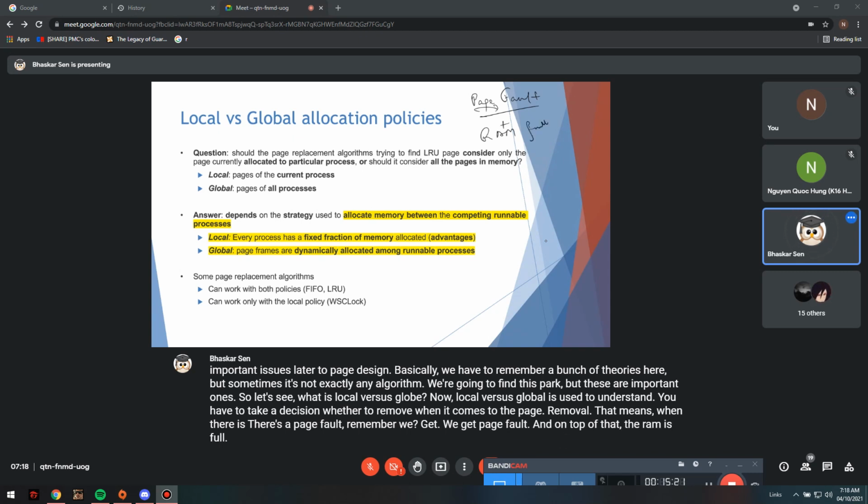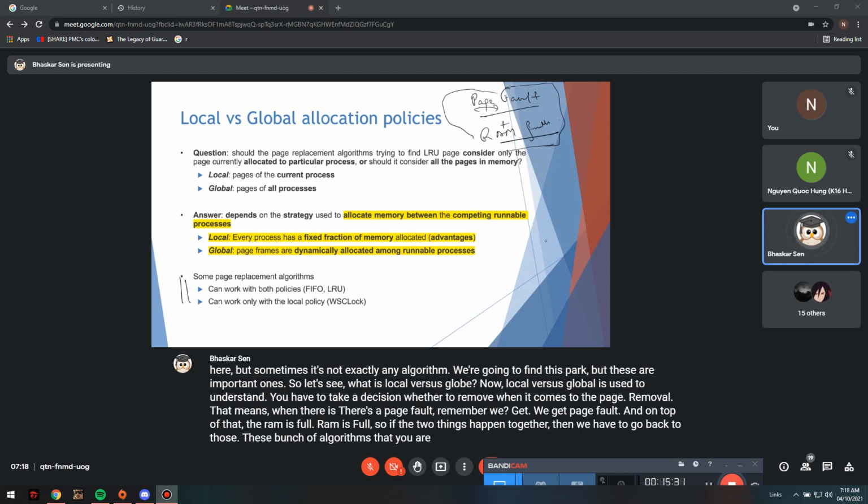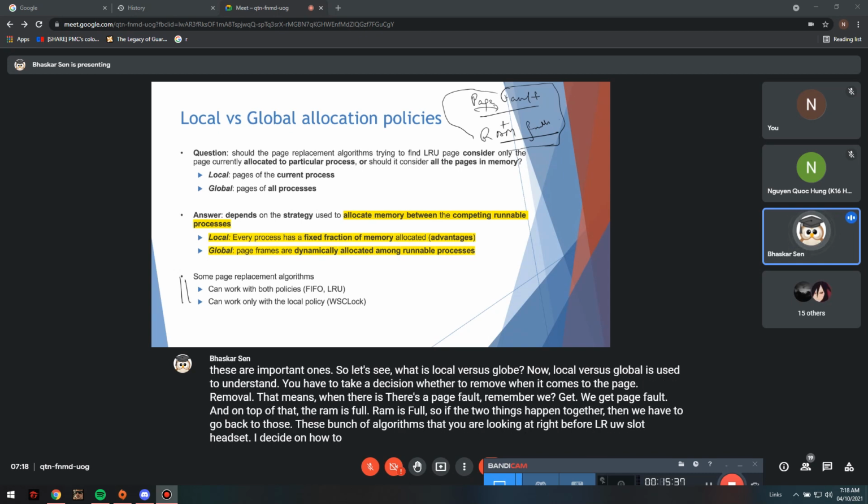So if the two things happen together, then we have to go back to this bunch of algorithms that you were looking at, right? FIFO, LRU, WS clock, and etc. To decide on how to evict one of the pages to make room for another page.